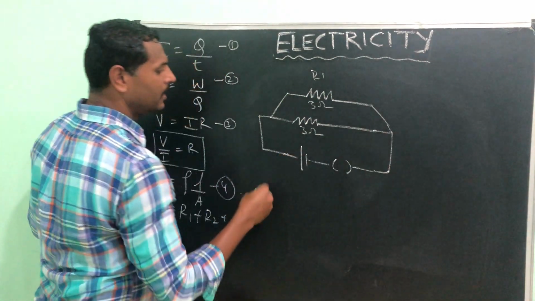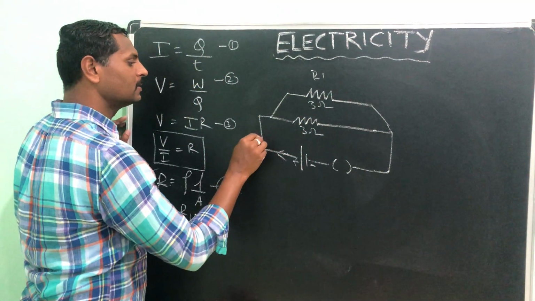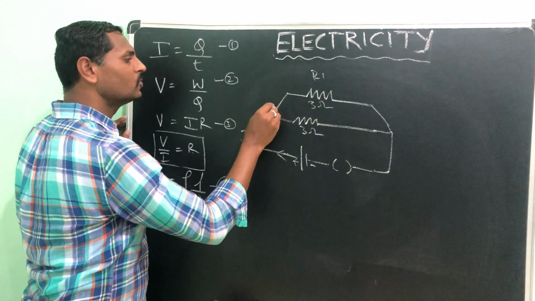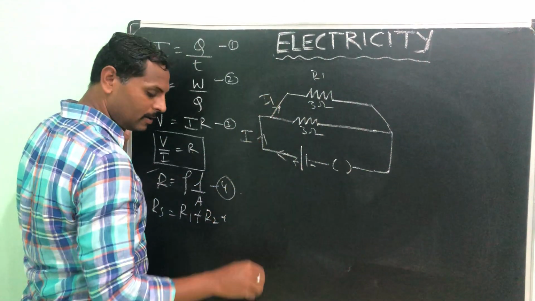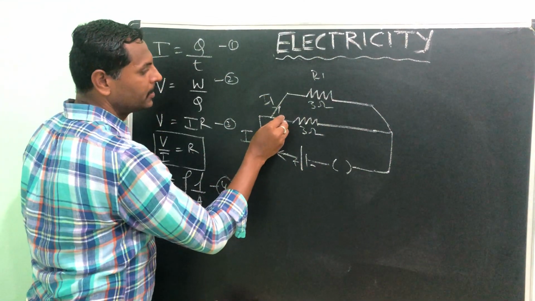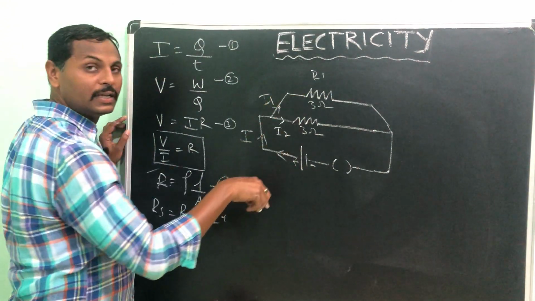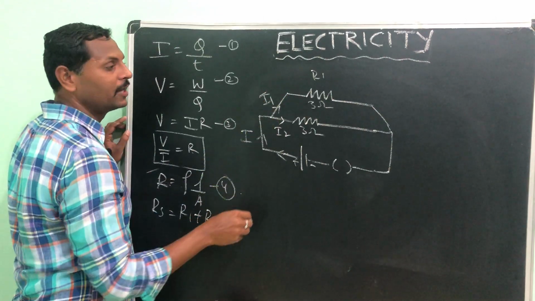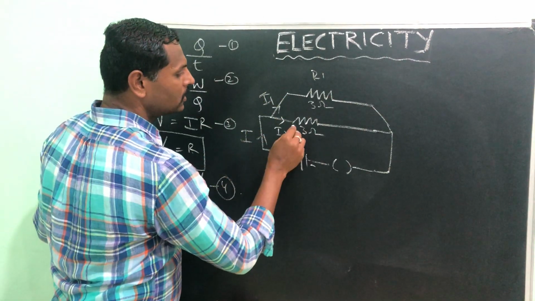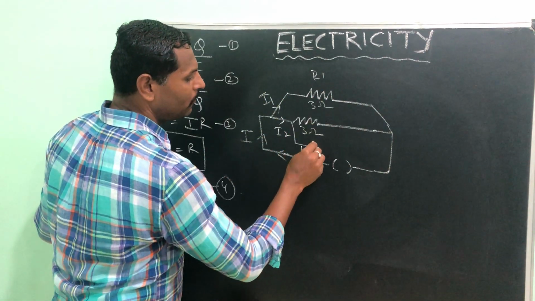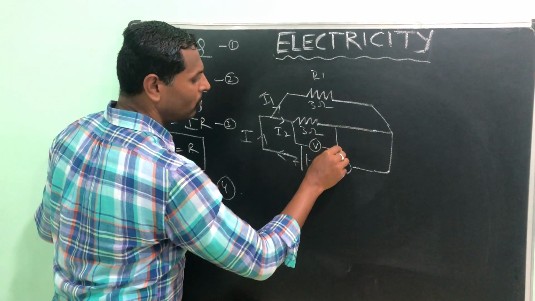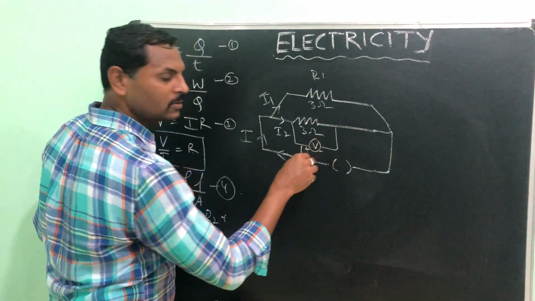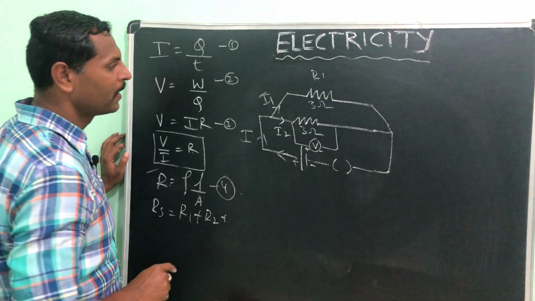Then the current, plus and minus, is going to divide here into I1 and I2. See here, current is getting two paths, that is why it is dividing into I1 and I2, and for both the resistances, the voltmeter will be only one, that is, the voltage will be the same.